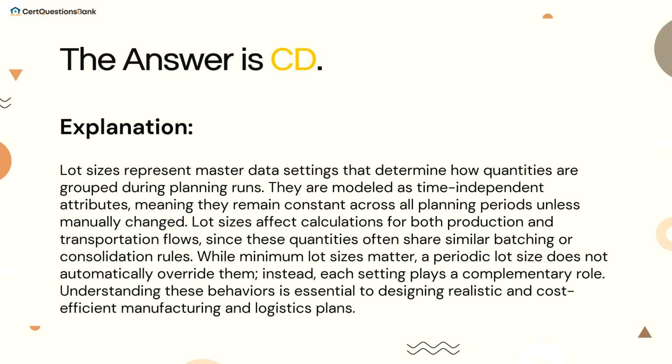While minimum lot sizes matter, a periodic lot size does not automatically override them. Instead, each setting plays a complementary role. Understanding these behaviors is essential to designing realistic and cost-efficient manufacturing and logistics plans.